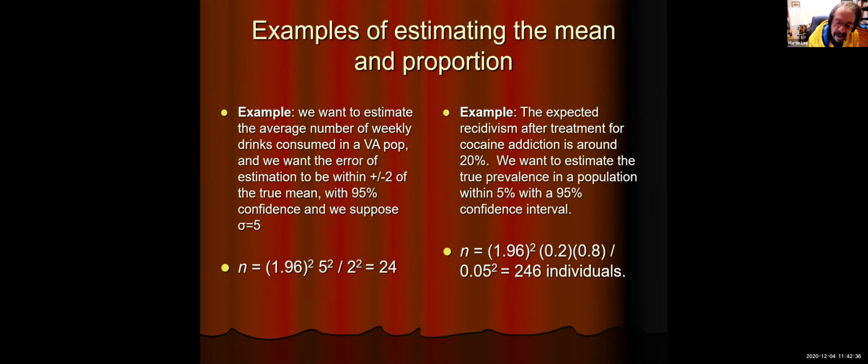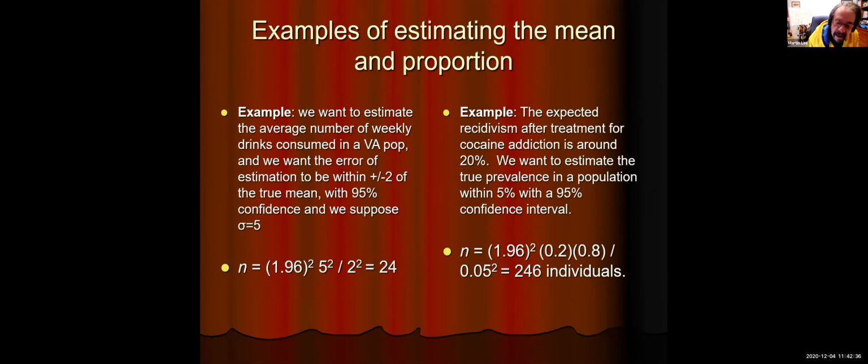We're expecting it to be about 20%. And so we want to do a sample to find out what the true recidivism rate is in the population. And so if we want, let's say, a margin of error of 5% about the purported 20% that we expect, you can see you need 246 people.